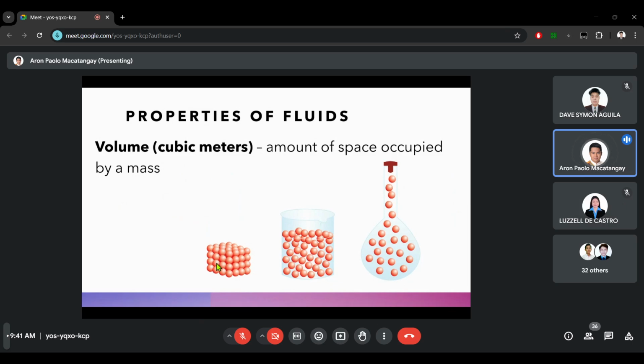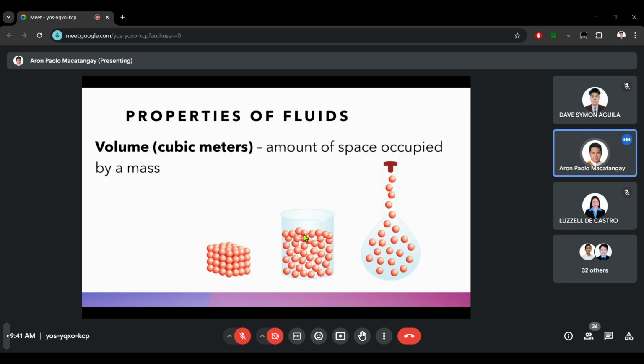Since solids have atoms that are tightly packed, their volume is usually small or compressed altogether. Then for liquids, they are usually still close together, but they take the shape of their container. For gases, they are usually far apart from each other and will usually take up the total volume of the container.